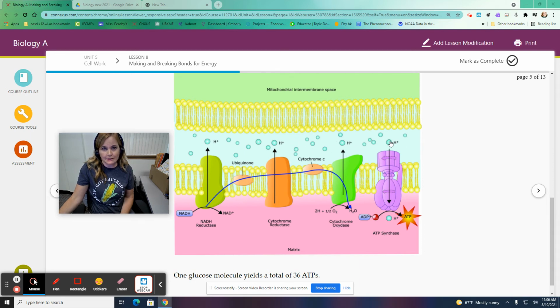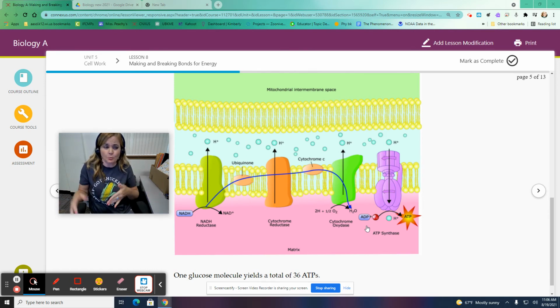So the hydrogens want to get out of there. The only way they can get out is through this fancy protein called ATP synthase. It's an enzyme. So hydrogen gets pumped out through ATP synthase, and that energy is used to create ATP from ADP. So adenosine diphosphate has 2 phosphate groups. They attach 1 additional phosphate group to it, which results in adenosine triphosphate with 3 phosphate groups.